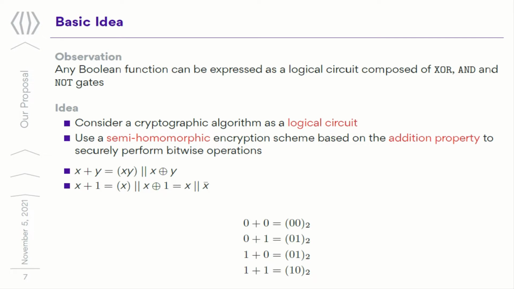And when we add 1 to x, the result is this bit x followed by the inverse of this bit. We can see it in this slide with the examples 0 plus 0, 0 plus 1.